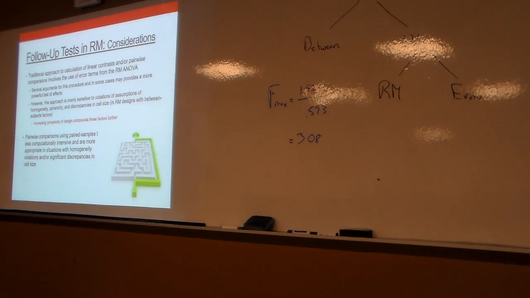And so our one-way repeated measures ANOVAs are nice in this regard, in that you don't have to worry about cell size, because cell size is all the same, right? If you're measuring the same group of people over multiple assessments, oftentimes the variability in your assessments is going to be pretty comparable because you've got the same people going through.